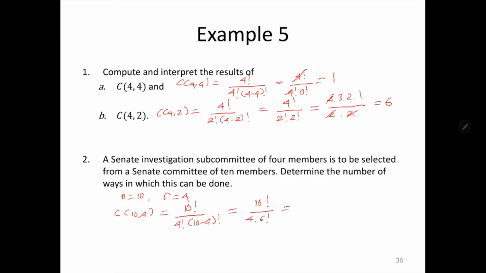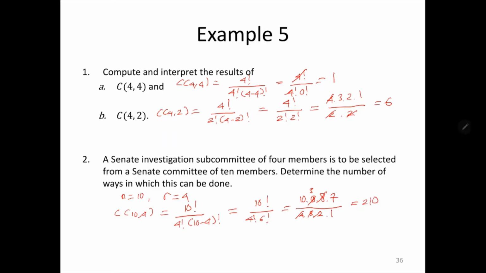Remember you can cancel 10 factorial with 6 factorial, so we have 10, 9, 8, 7, the 6 factorial has been cancelled, and here we have 4 factorial, which is 4, 3, 2, 1. Okay, we can cancel these 2, then we can cancel this with 3. So altogether we have 210.